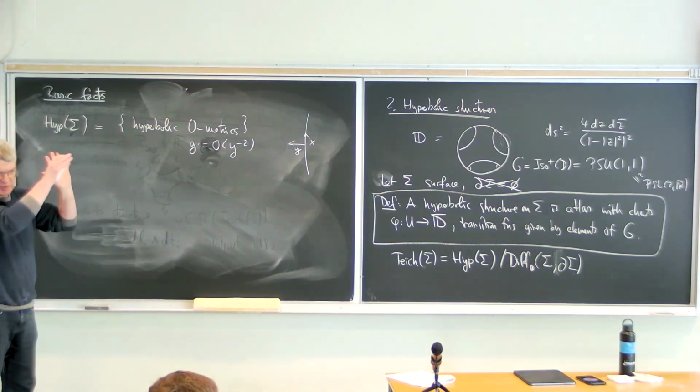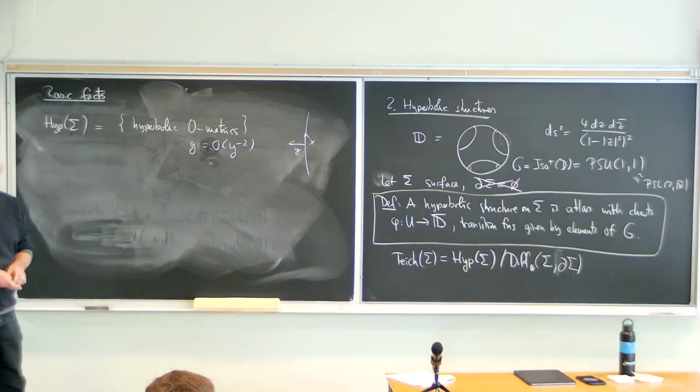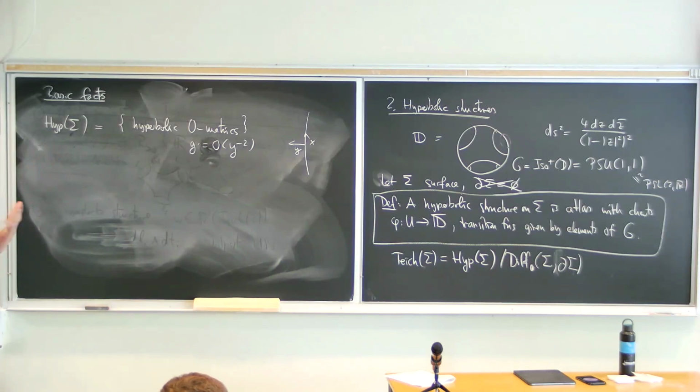And so one can show that this is really equivalent. There's another way of defining zero metrics. There's the so-called zero tangent bundle, which is a vector bundle whose sections are the vector fields vanishing along the boundary, and then it's literally a metric on that zero tangent bundle. That's the better way, but we don't need that.